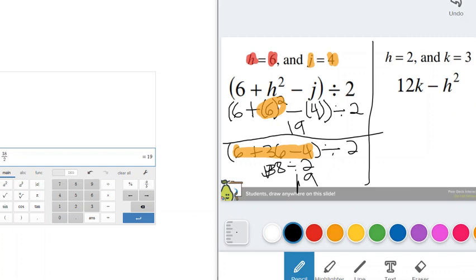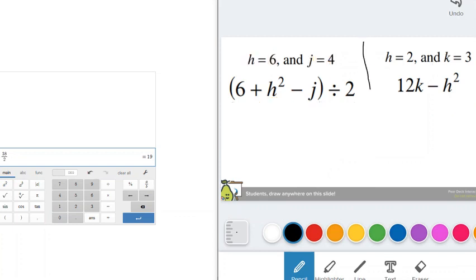I'm going to clear this one, and I'm going to just solve this one here. First, I copy my numbers. Whenever I see a variable, I put a set of parentheses, minus parentheses squared. Then I replace k is equal to 3, h is equal to 2, and all I have to do is put this in the calculator.